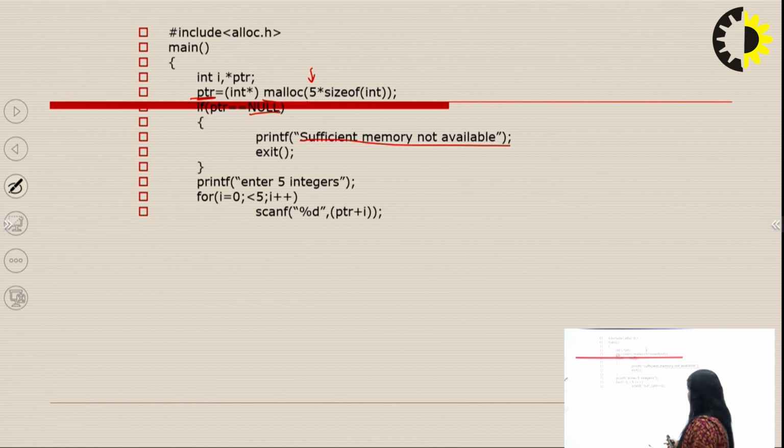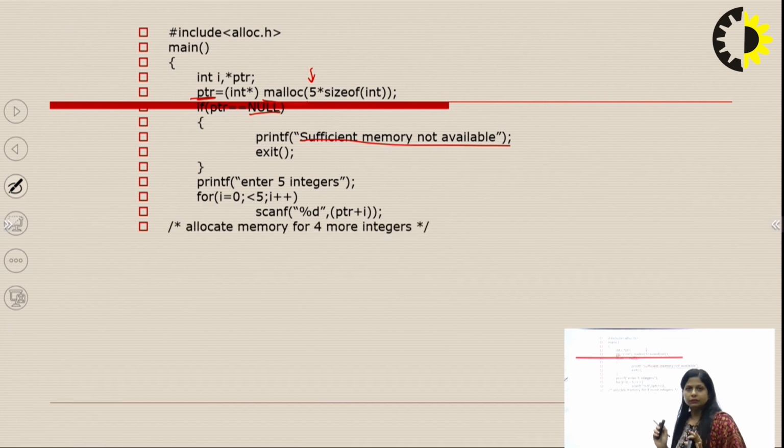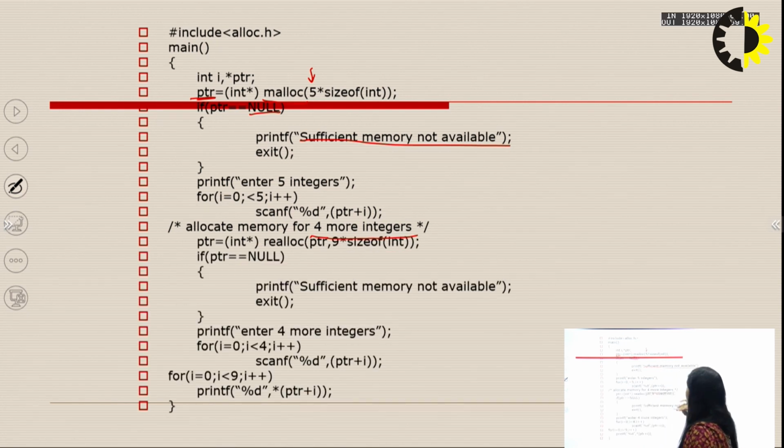Now, if the memory is available, it will be allocated. Now, I require memory for 4 more integers. So earlier, what was the memory we were trying to allocate? That was 5 blocks.